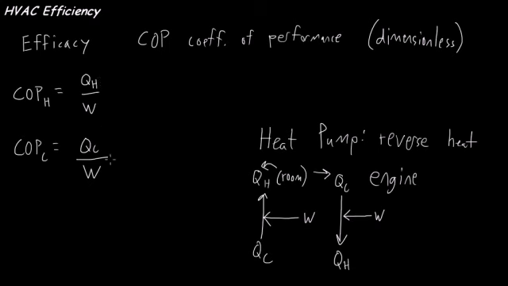And here we're moving heat from the room to the outside. Because we're moving thermal energy and not transforming it, the limitations about our efficiency don't really apply. So these numbers can be above 100%, and they often are. If they weren't, then it wouldn't be a very good heat pump.